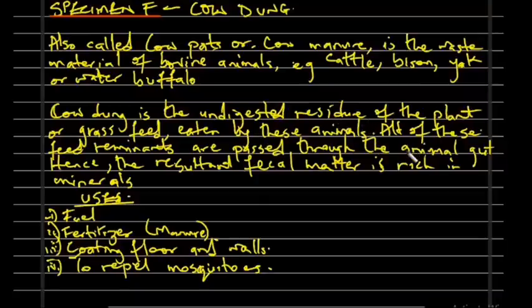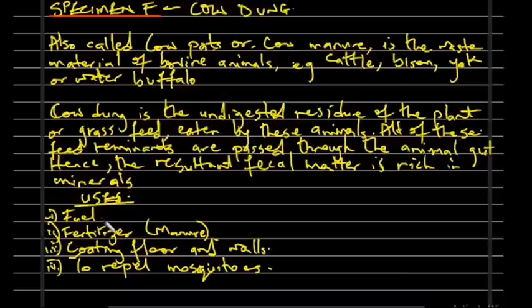It is this that has been added to other components used in the production of what we refer to as the fertilizer. Now it is not only used in the process of making manure or compost manure fertilizer. We also have this cow dung used for other functions.